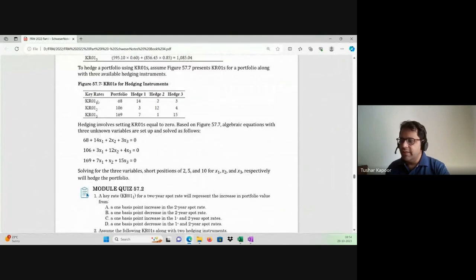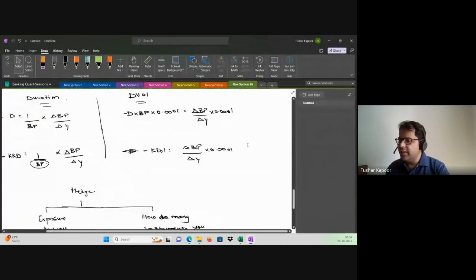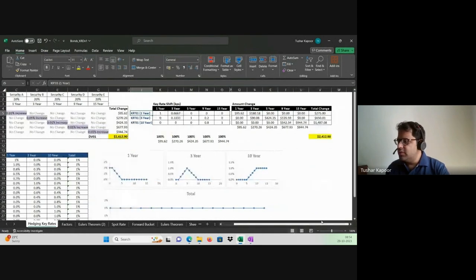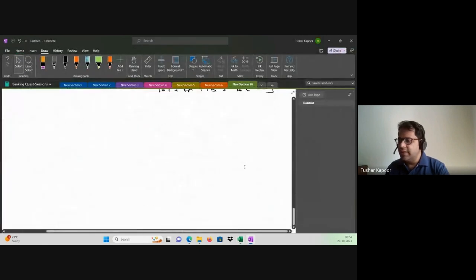So here you see the KR01 is 68. So in our case, sorry, the KR01 is 275.8. So I want to combine three securities. In our case, how will it work?